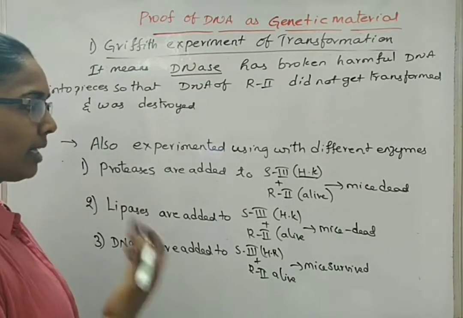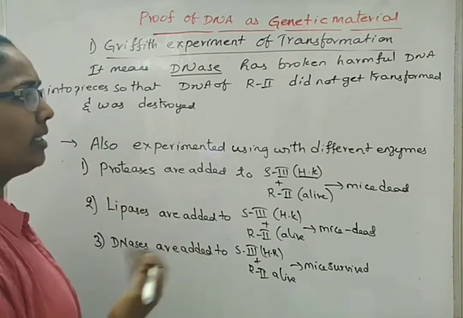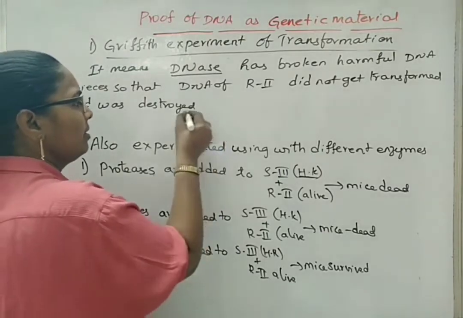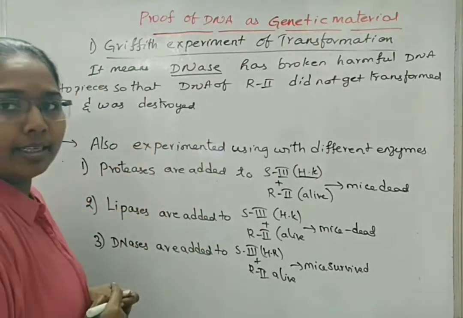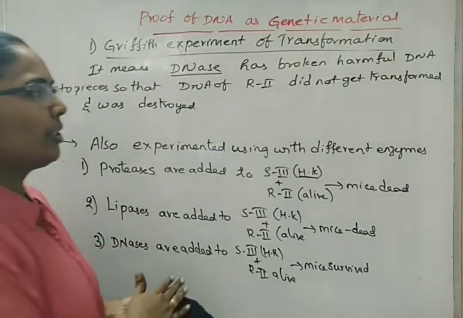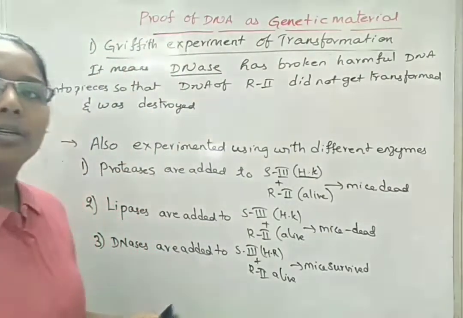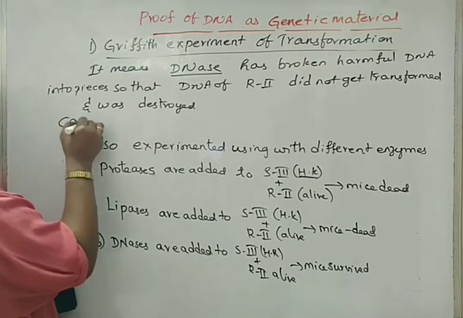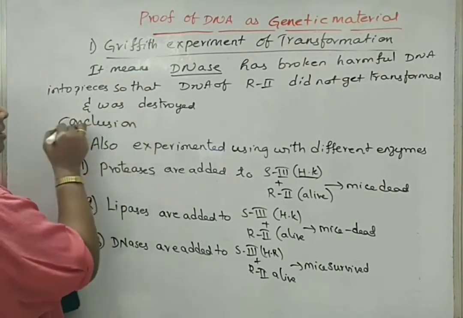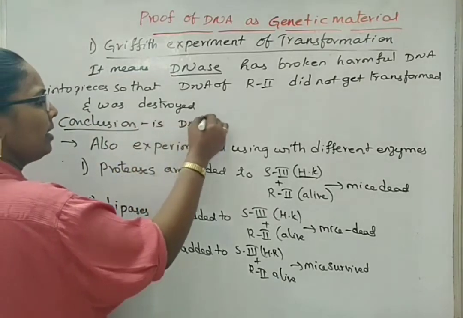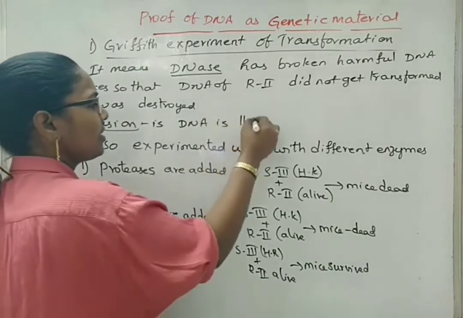This is the clarity that DNA is the genetic material and is responsible for transformation. So, what is the conclusion of the Griffith experiment? The conclusion is that DNA is considered to be the transforming substance from non-pathogen to pathogen. So, the conclusion is: DNA is the transforming substance.